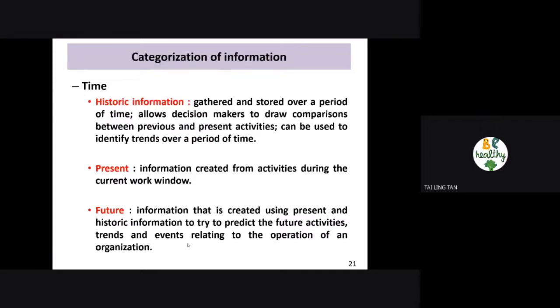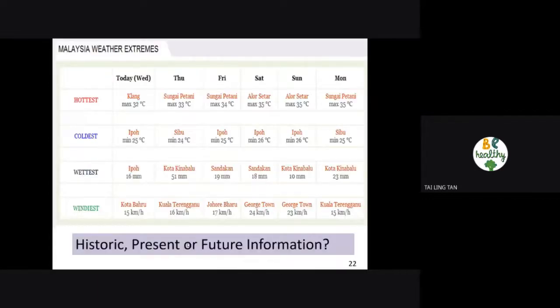Maybe based on this information, they can make some kind of changes or decisions. Of course, for the future, whether this country will become better or not, this one is for the future part. And they can base on this trend to make a decision.